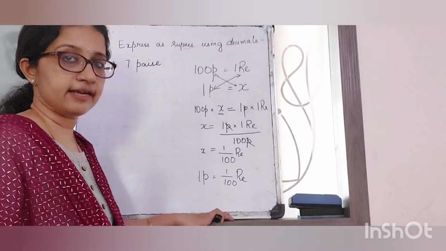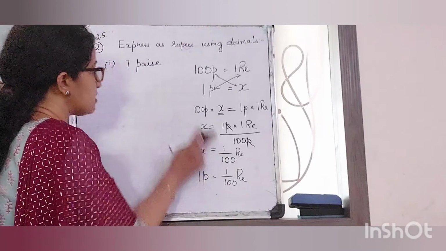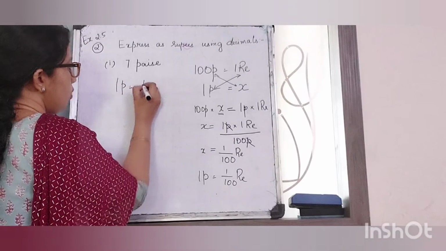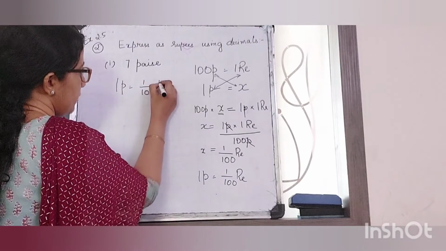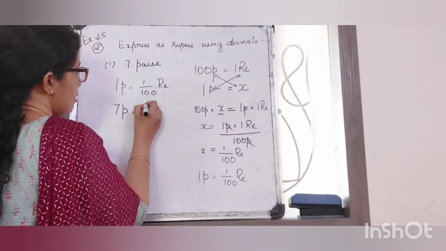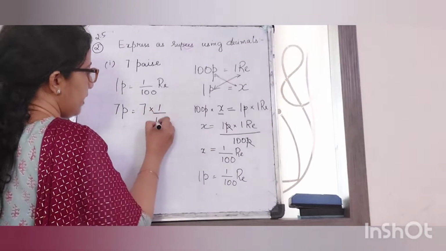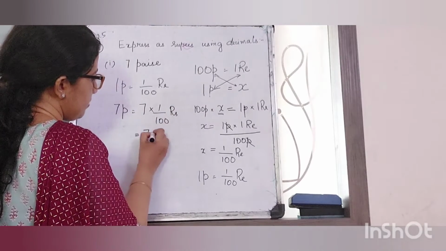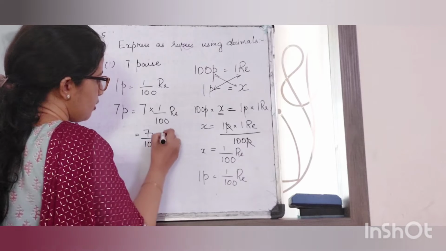We got this answer, right? Now we have to substitute this here. So 7 paise is equal to 7 into 1 by 100 rupees, which is equal to 7 by 100 rupees.